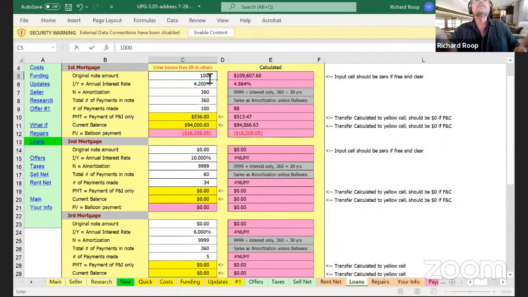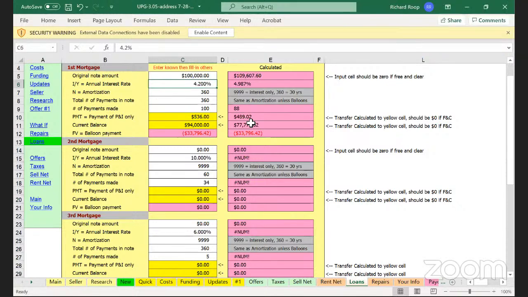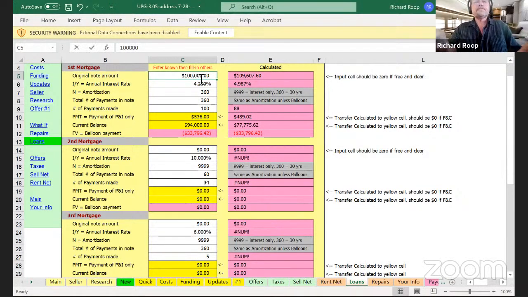Maybe he borrowed 100. I need to find all that out. The problem is I don't have enough of the details, so I'm just going to do something here. I wanted to demonstrate how running a subject-to deal works.